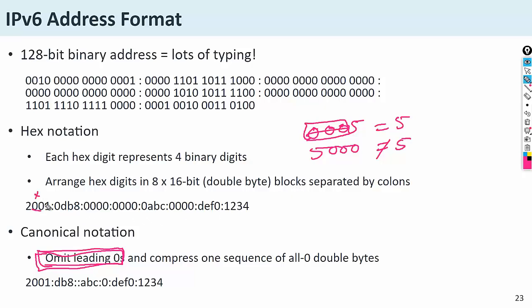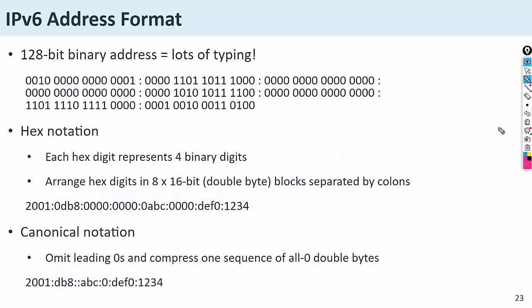Is it a leading 0? No. Is it a leading 0? Yes. These are leading zeros? Yes. This one? No, there is no 0. So you remove these zeros.